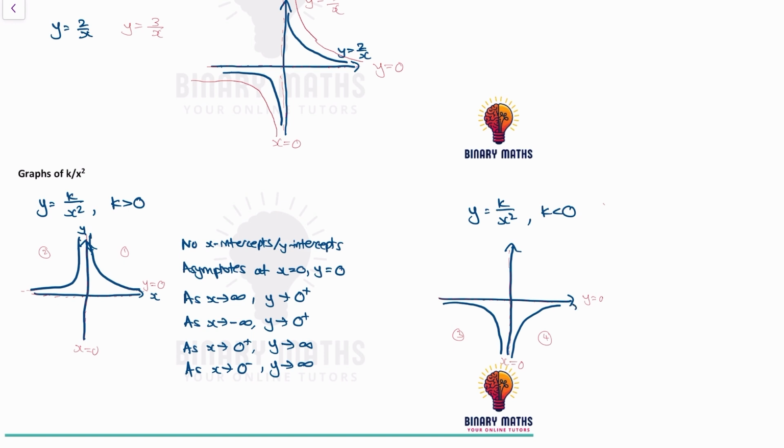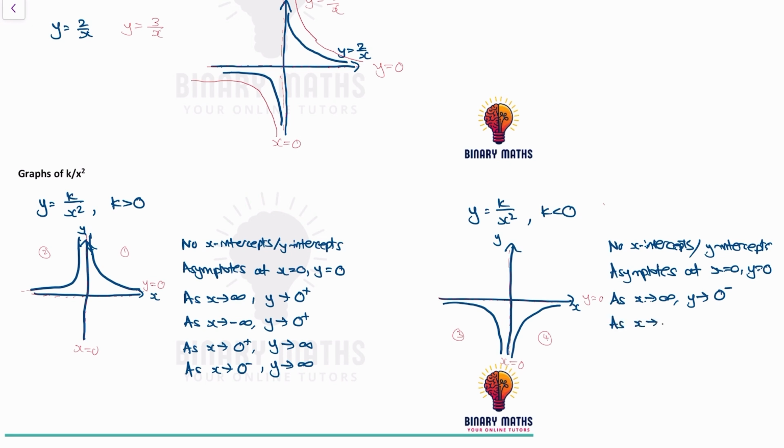So if you had to write the features in note form, again, you have no x-intercepts or y-intercepts. Asymptotes at x equals 0 and y equals 0. As x tends to infinity, you can see y tends to 0 from the negative direction, because everything's below the x-axis now.